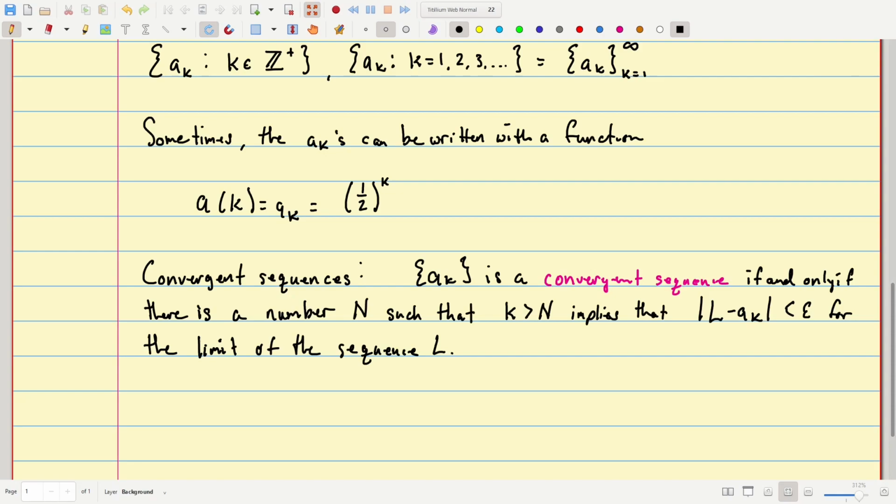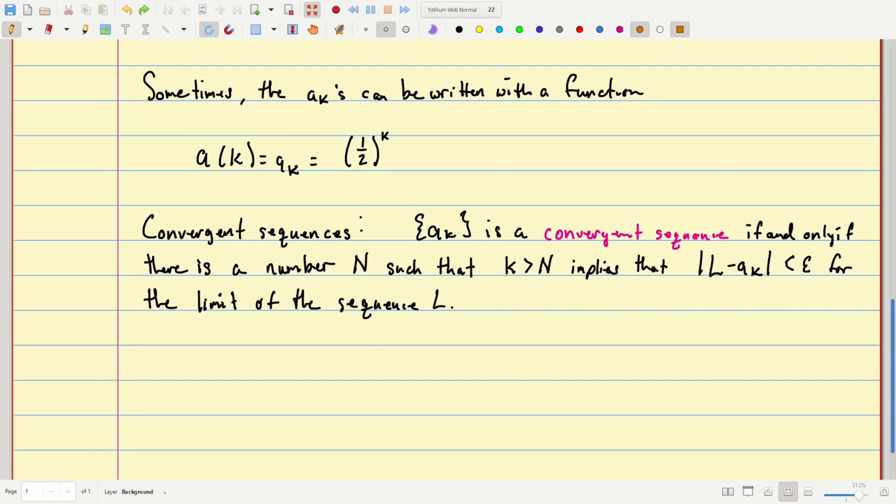I kind of wrote this out of order. So we have a convergent sequence that converges to the number L if and only if there is a number capital N such that k greater than N implies that this inequality is true for all of the rest of the k's.